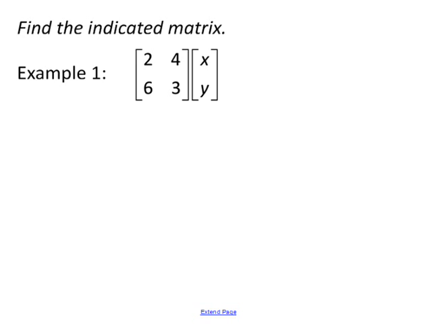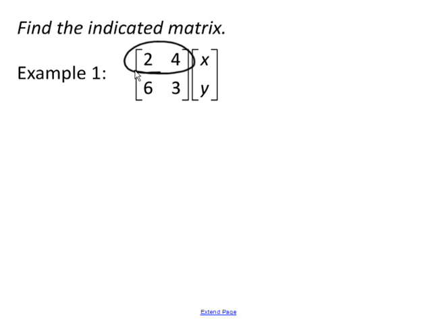First thing I'm going to work on, example 1, we're going to multiply these two matrices together. Now I know the matrix on the right looks kind of funny, but we're going to multiply just like we would regular matrices.